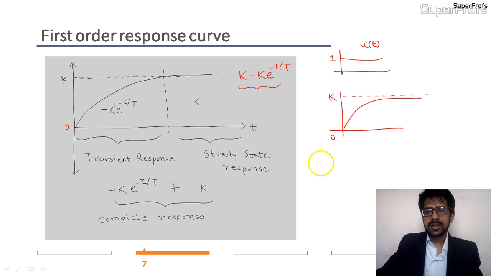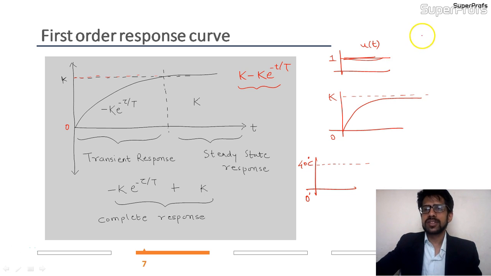If I have to heat the water from say 0 degrees to 40 degrees Celsius, and I give a step input to the heater, when I switch on the heater coil, my water starts to heat, but my water doesn't instantly go to 40 right from the time t equal to 0.